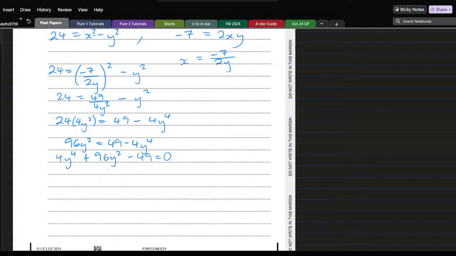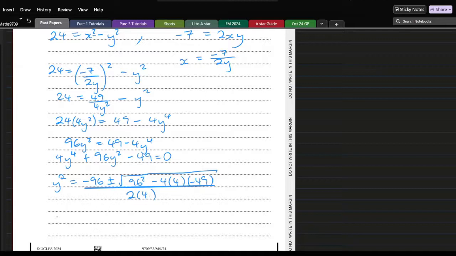Alright, so we've got a quadratic in y squared. So let's solve that using the quadratic formula. So y squared is equal to minus b, so minus 96, plus or minus the square root of b squared minus 4ac, and this is all over 2a, so 2 times 4.